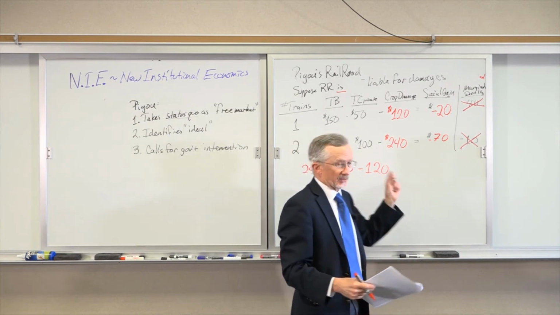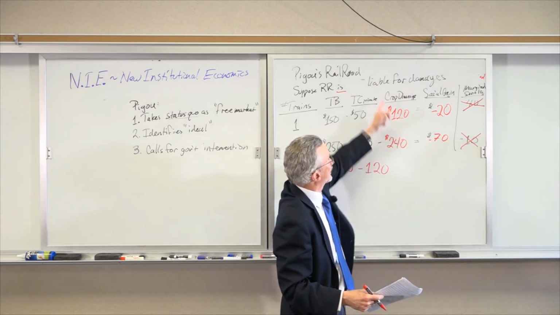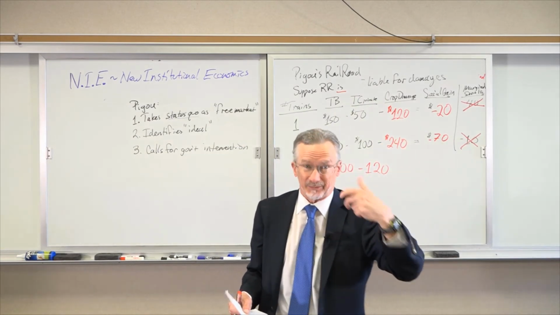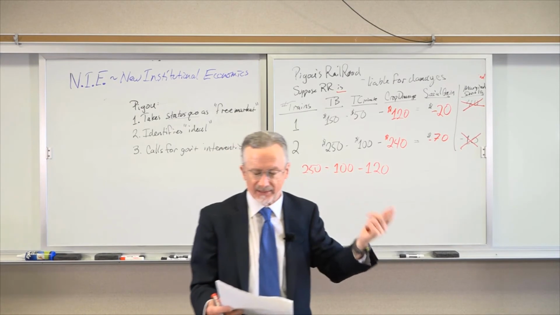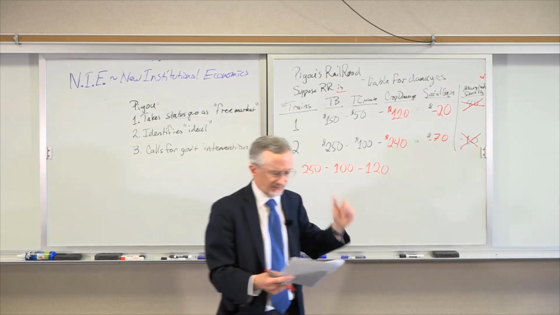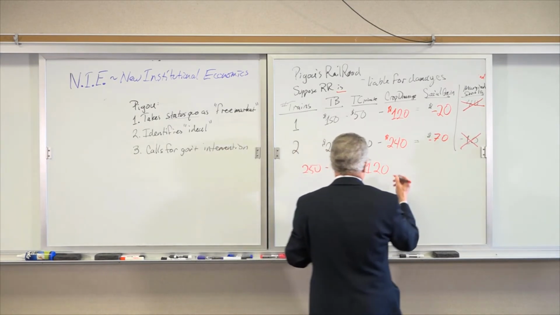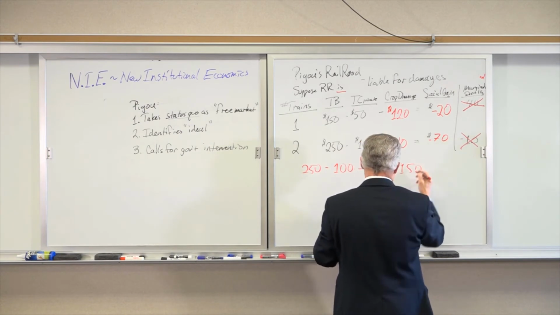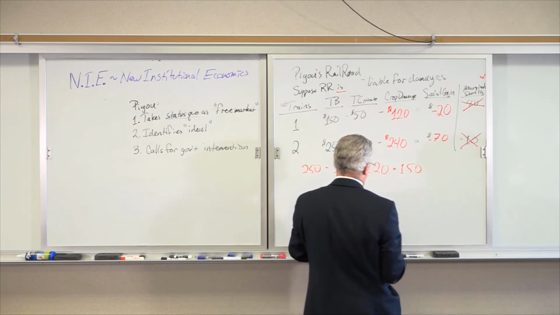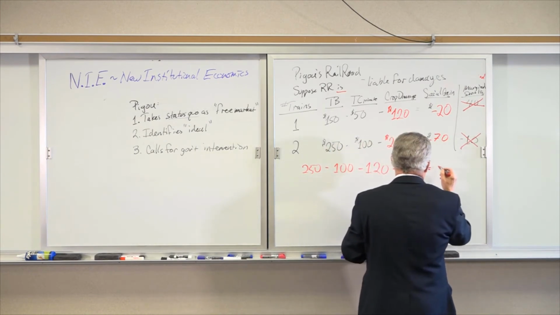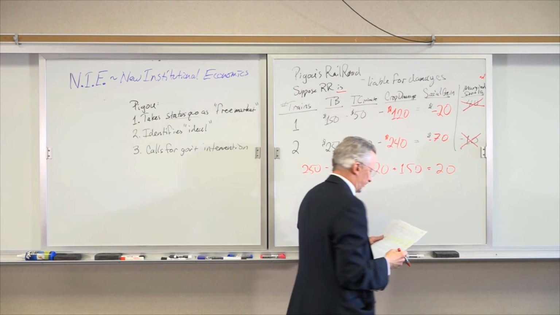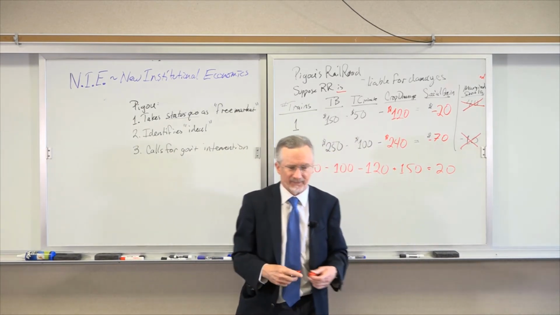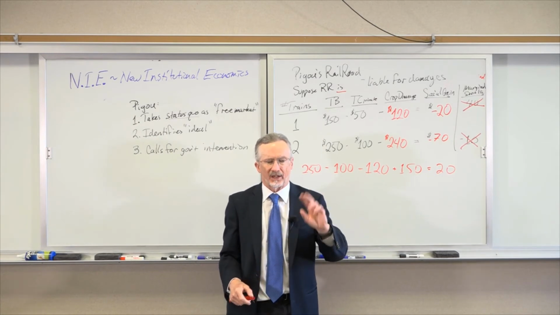And then, in this world where the railroad is liable, they've used additional inputs. We also have to take into account the value of those inputs in the next best use. And if that happens to be, let's say, 150, put those in there. The total gain here should end up being $20, if I've written that right. Great, it's a positive gain. And 2 trains are better than 0.